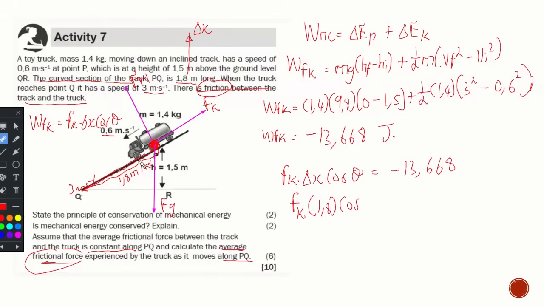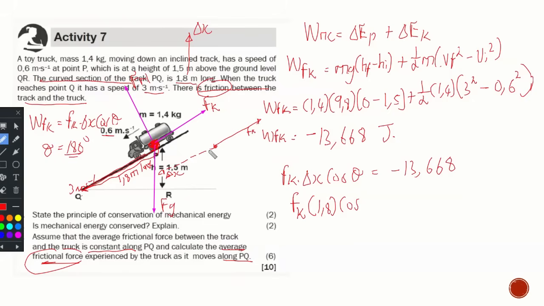What is theta when we are working with Fk? Remember, we said that theta when we are working with Fk is always 180 degrees because Fk will always oppose the motion. So it will always go in the opposite direction of the displacement. So your displacement in this case will be going like this, and then your Fk will be going like that.